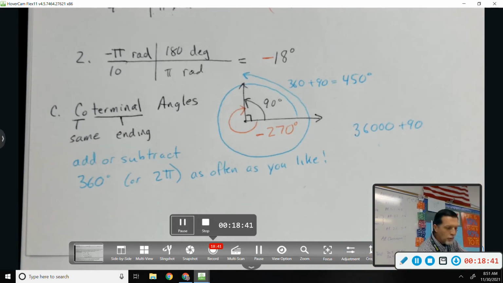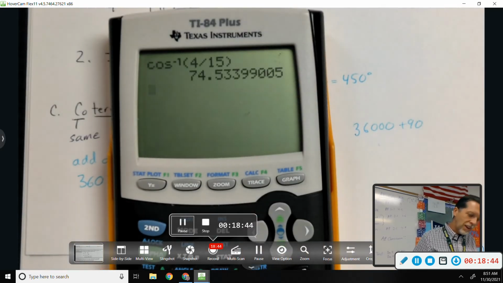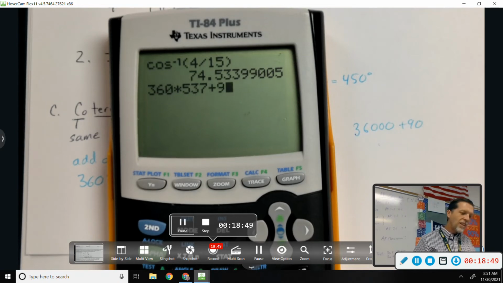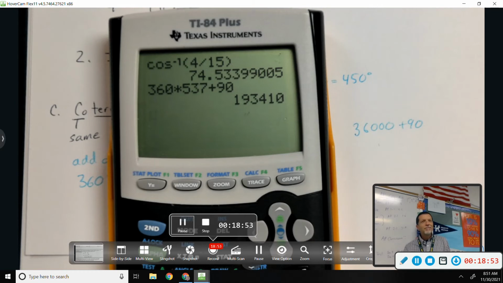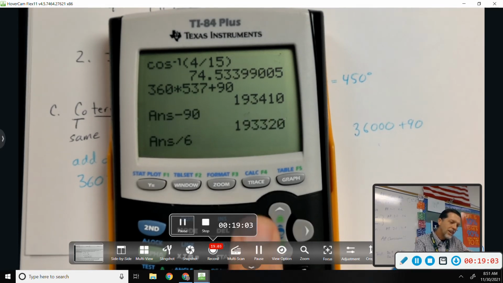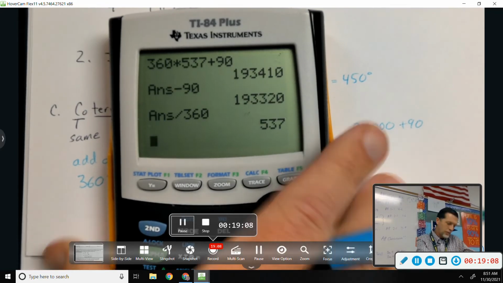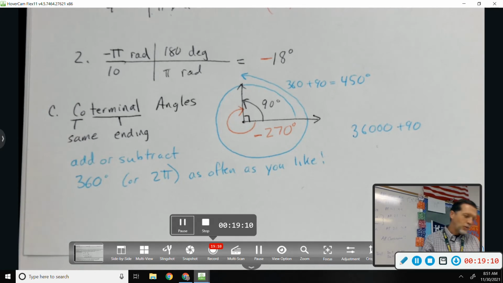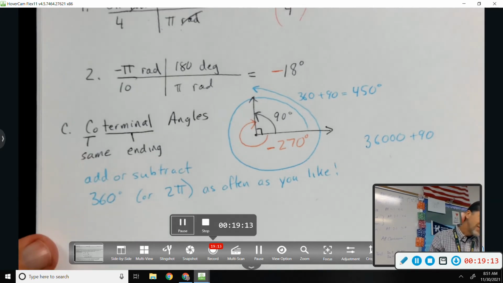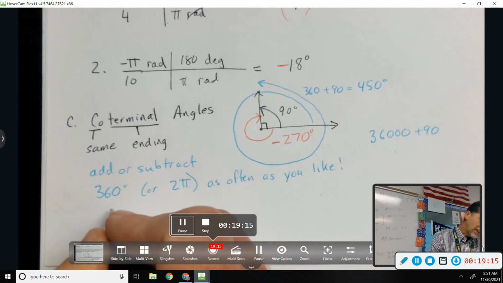If they picked one at random and said, I'm going to spin 537 times and then go 90, it's not wrong, but now I have to figure out if it's right. Subtract 90, divide by 360, and I can figure out if it works. But I don't want to have to do that. So it's multiple choice, so you can't do that to me this year. If it's fill in the blank, knock yourself out. Cool.